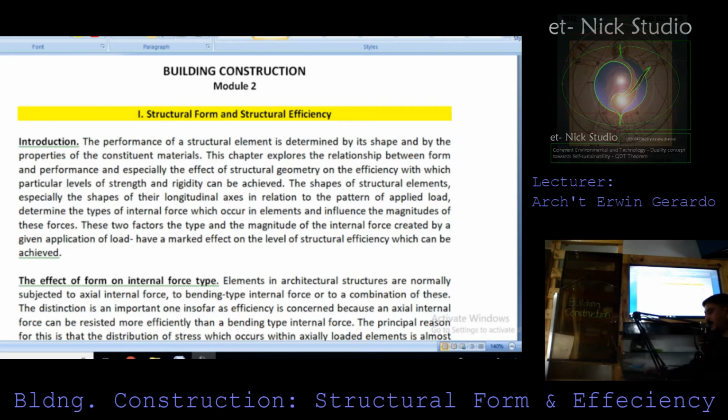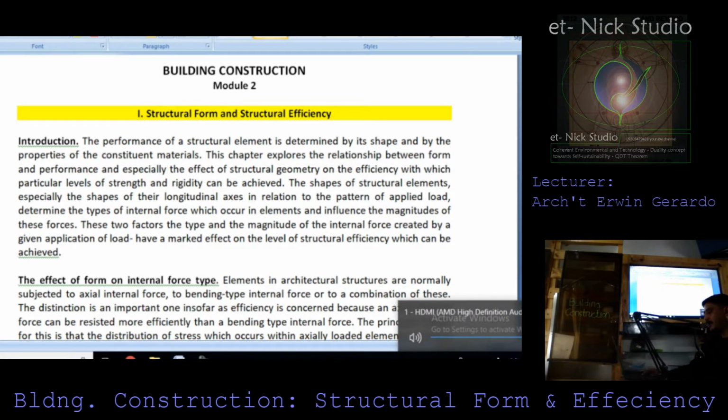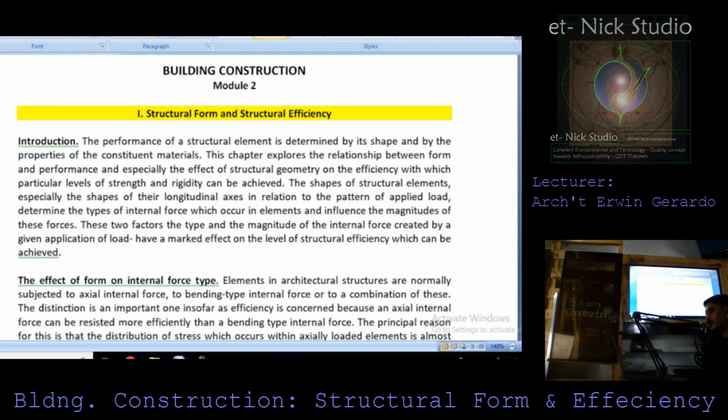The shapes of the structural elements, especially the shapes of their longitudinal axis in relation to the pattern of applied load, determine the types of internal force which occur in elements and influence the magnitudes of this force.